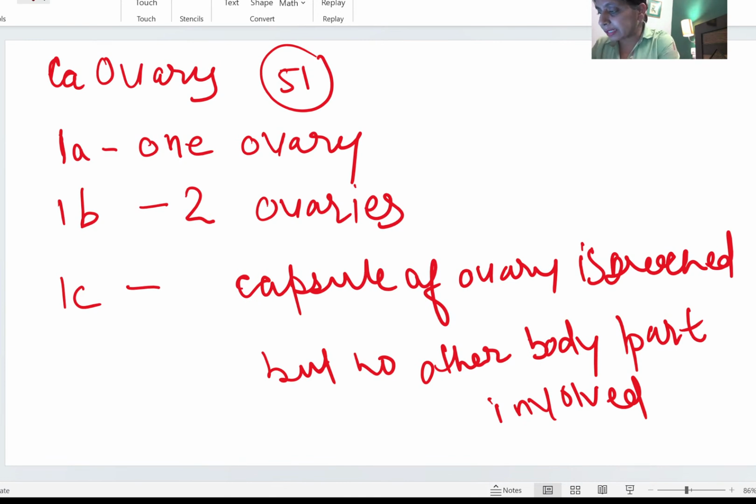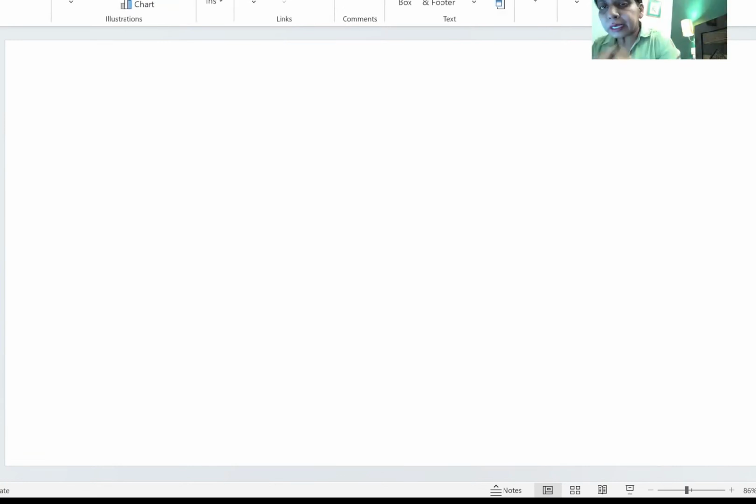Question number 26. Anand Raj is with a query on question number 26. History of post-coital bleed. On examination, the cervix is hypertrophied and there is anterior cervix erosion.